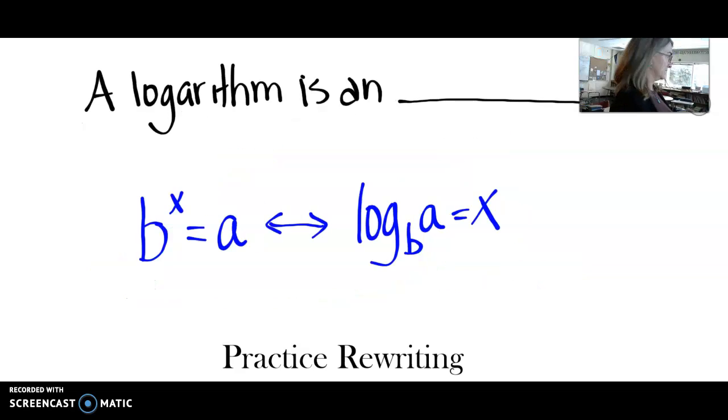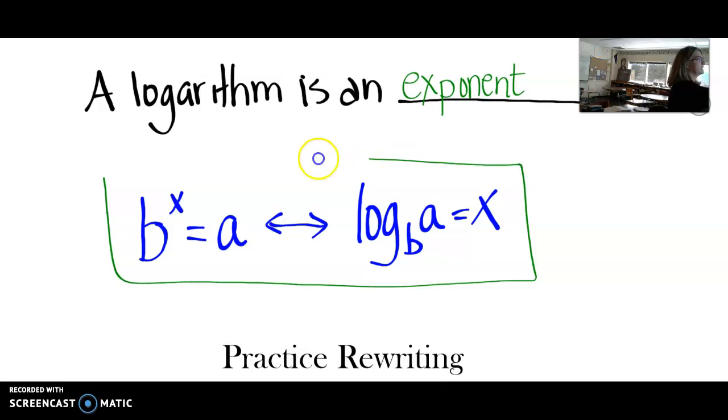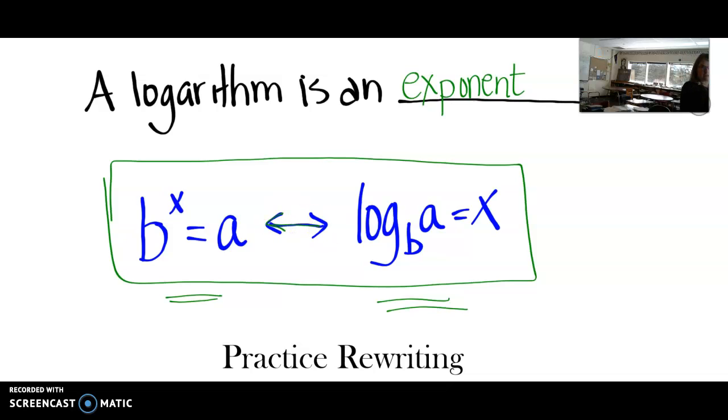So let's do a little bit of practice with that. To help you remember how to do it, remember that a logarithm is equal to an exponent. Make sure you have this written down in your notes, and we can go both directions. If it's in exponential form, you can write it in logarithmic form, and if it's in logarithmic form, you can rewrite it in exponential form.